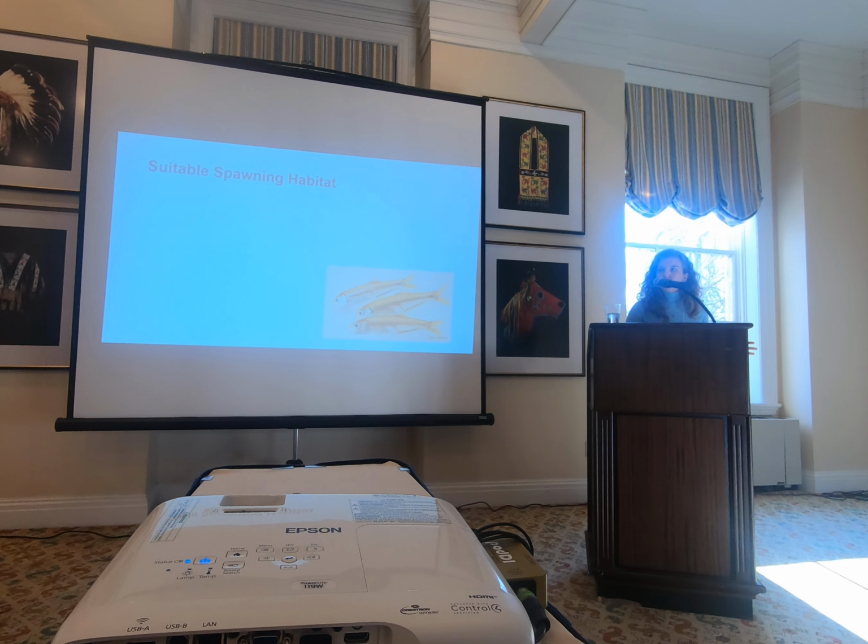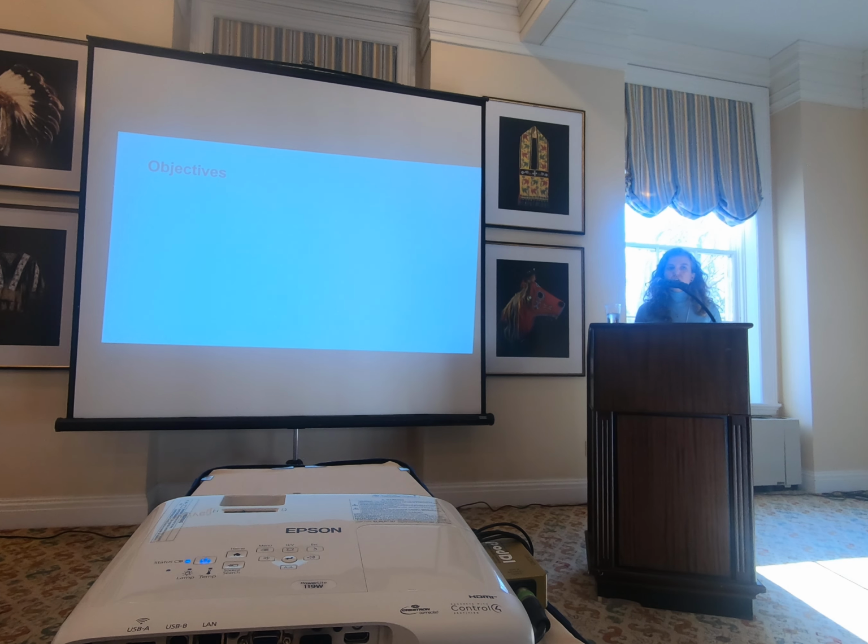So going into the suitable spawning habitat, this has not been quantified for bay anchovy. I feel like as a species, they've been a little overlooked. And of course, dynamic environmental variables are going to impact the distribution and abundance of bay anchovy eggs and dictate where adults are spawning. And of course, what are the potential impacts of climate change?